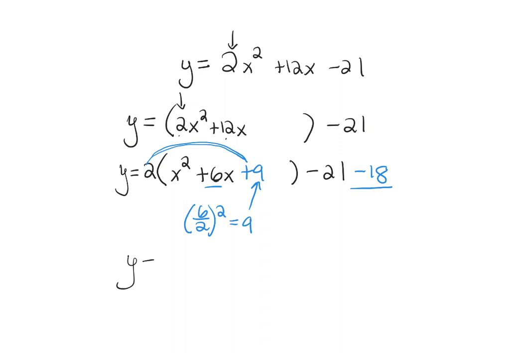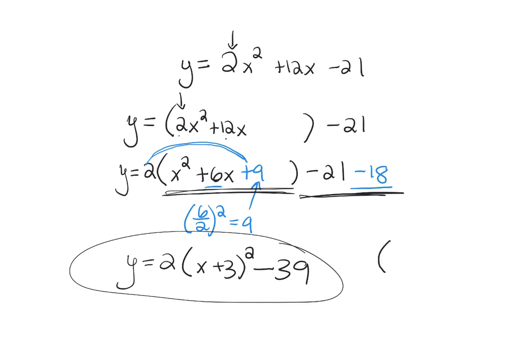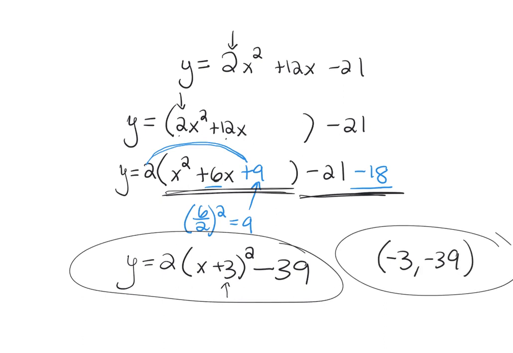So now y equals 2, factor this perfect square trinomial, x plus 3 squared minus, combine like terms, that goes to 39. So that is in vertex form, which has the vertex negative 3, negative 39. So there's your video on vertex form. Good luck.